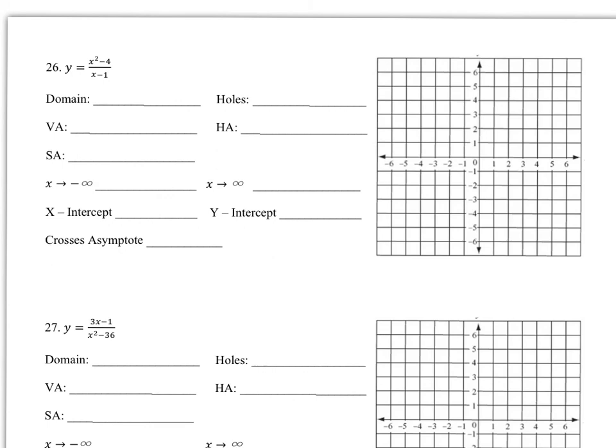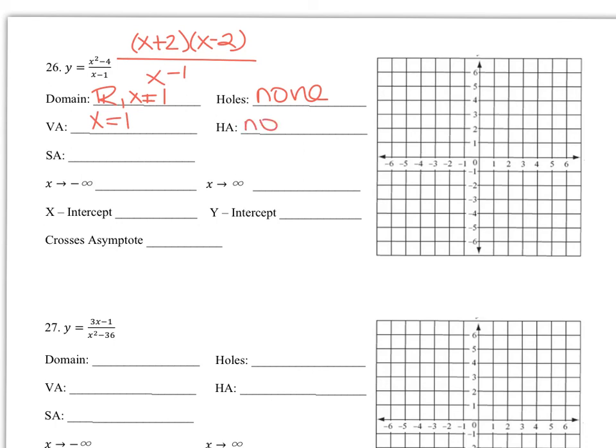If I look at this next one, I'm going to factor: x plus 2, x minus 2, over x minus 1. So my domain is all real numbers except x cannot equal 1. I have no holes. Vertical asymptote, x equals 1. Horizontal asymptotes, I have none because it is top heavy, which means I have a slant asymptote, which means I have to divide this.